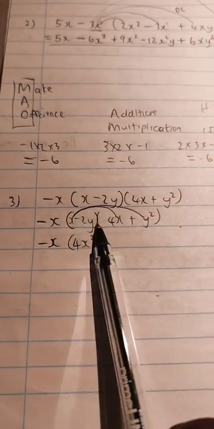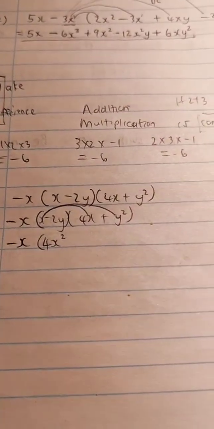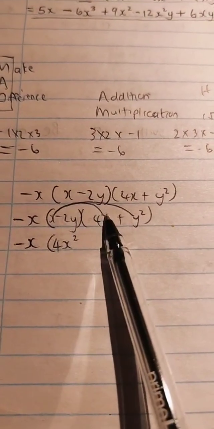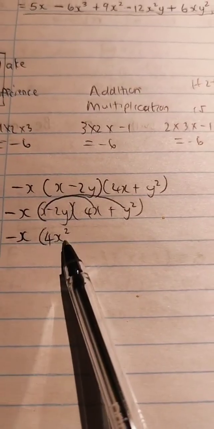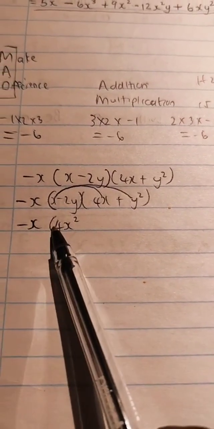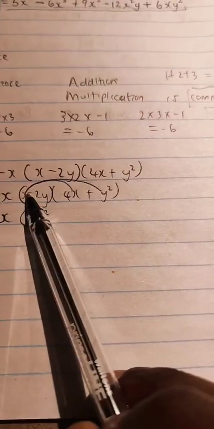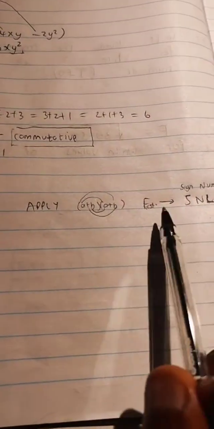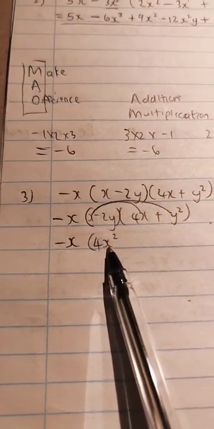Remember, the negative x is still there outside. We're just dealing with the 2 brackets first, because that's what we are deciding to do. So x times 4x gives you 4x squared. First terms multiplied give me positive 4x squared.